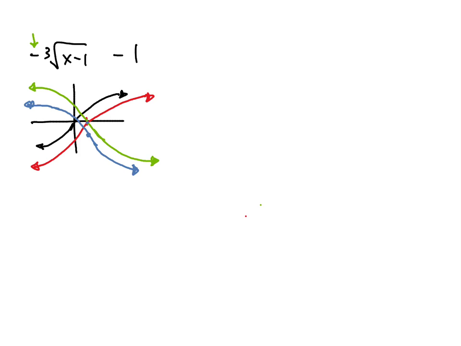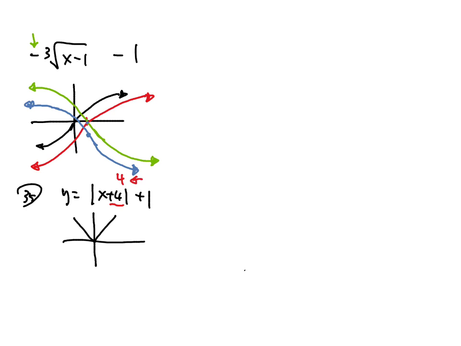All right. Number 35. 35 is y equal absolute value of x plus 4, plus 1. So if you remember, absolute value looks like a V to start, right? Plus 4 means 4 to the left.